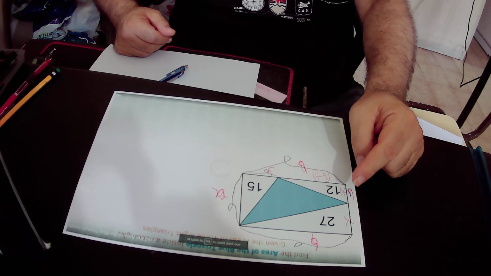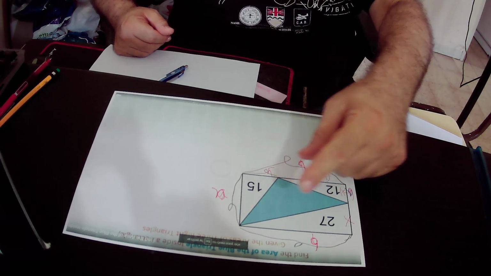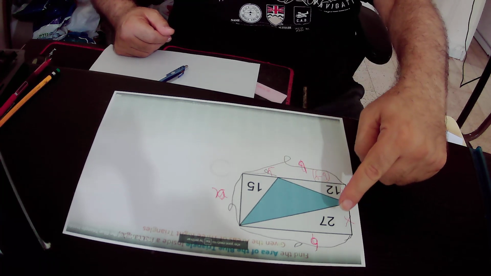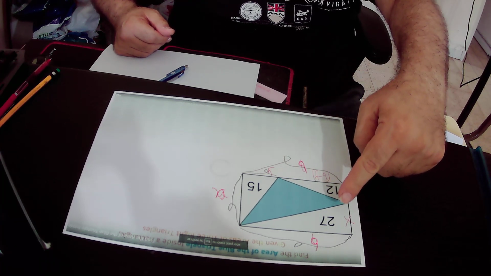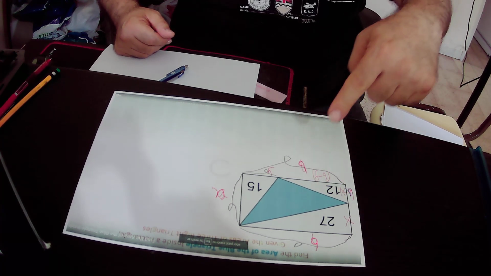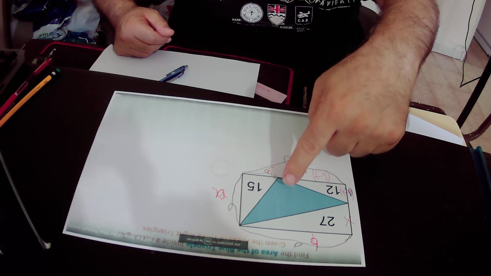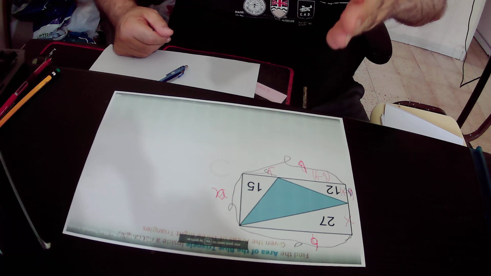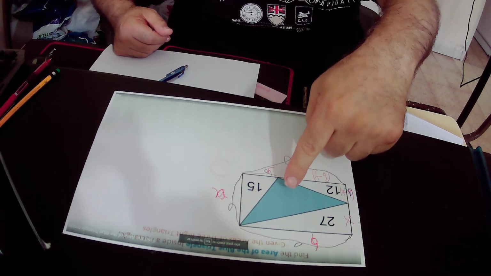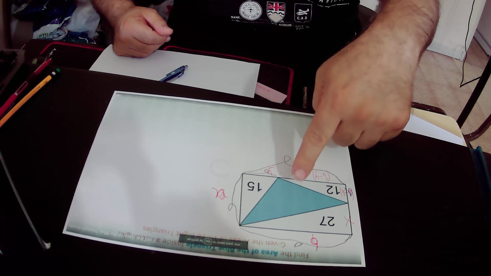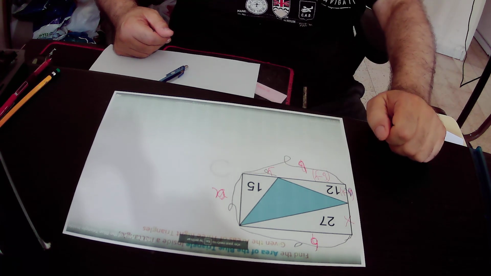Again, the area of the rectangle, that is 90 units, minus the total areas of the three right triangles, that in total is 54 units, equals the area of the blue triangle, that is 36 units. 90 minus 54 equals 36 units, and that is the answer to the question. The area of the blue triangle equals 36 units.